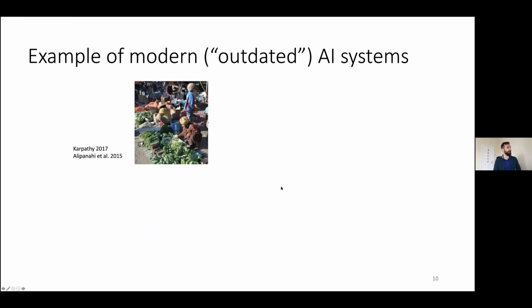And this is an example of something modern, but already outdated. It's an old example, 3 years old, and in computer science that is quite old. You might be familiar with some of these concepts, but I just want to exemplify what our modern AI systems can do.